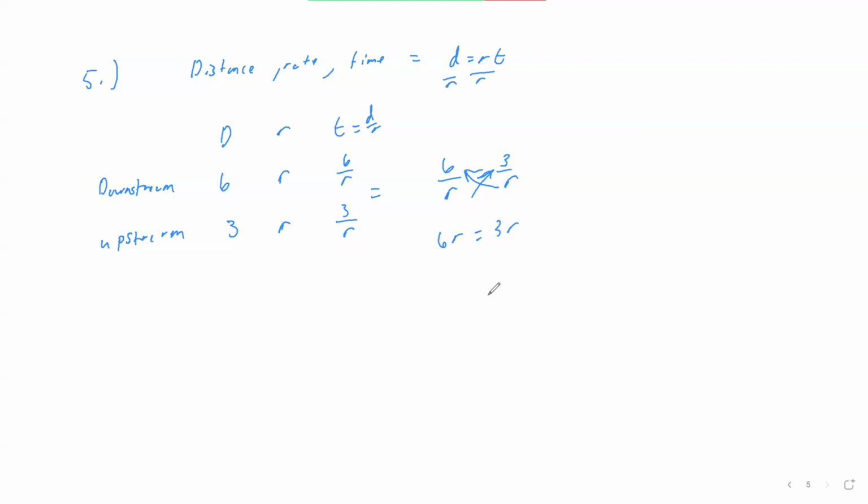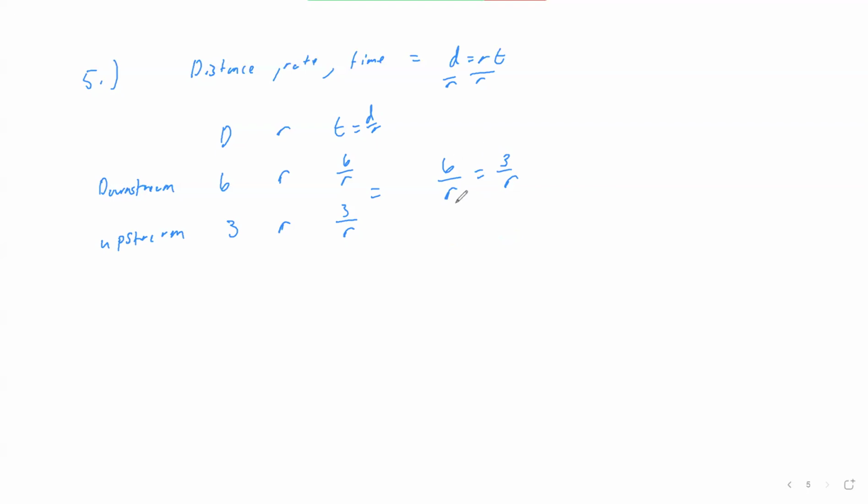No, that wouldn't make sense. That'd be 3R equals 0. All right, let's approach this a different way.